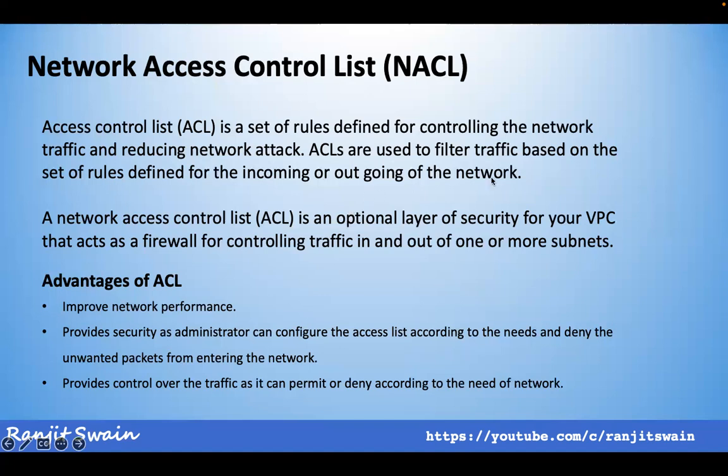Access control lists are used to filter traffic based on the set of rules defined for the incoming or outgoing traffic of the network. A network access control list is an optional layer of security for your VPC that acts as a firewall for controlling traffic in and out of one or more subnets. So we are going to put an extra, optional layer of security on our VPC.